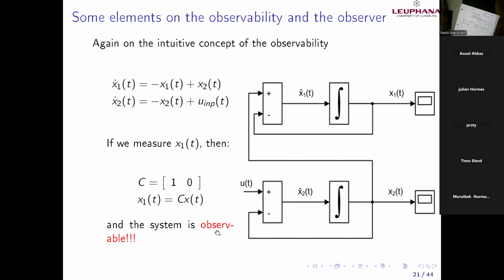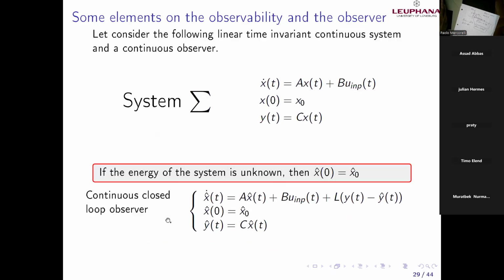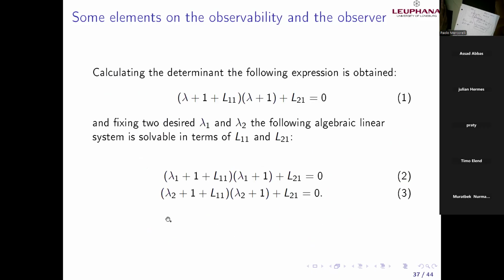The system is observable. This is exactly the system characterized by the transition matrix A, minus 1, 1, 0, minus 1, and I am measuring x1. You remember I told you a lot about that. The case is an observable case. Then we will see what happens if it's not observable.